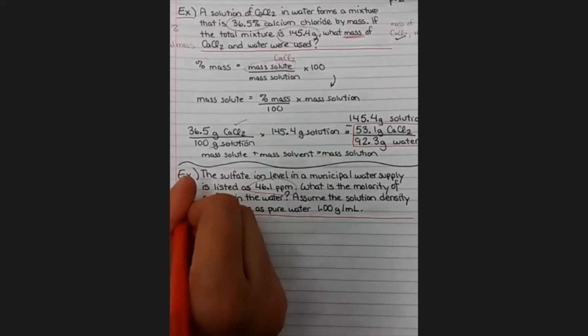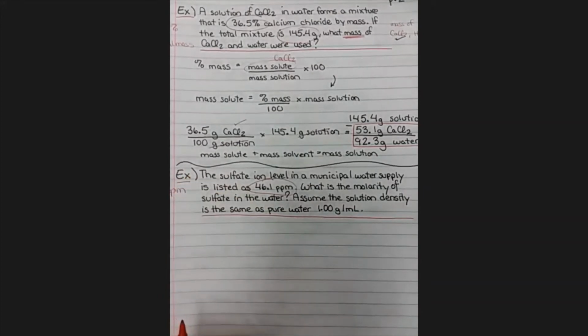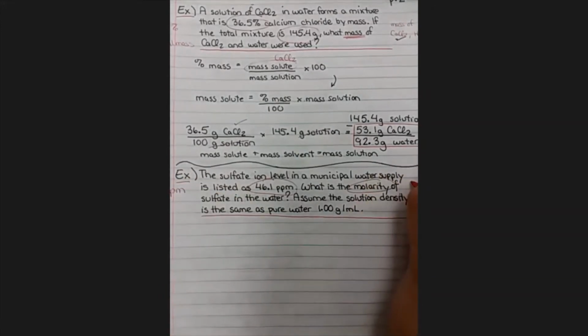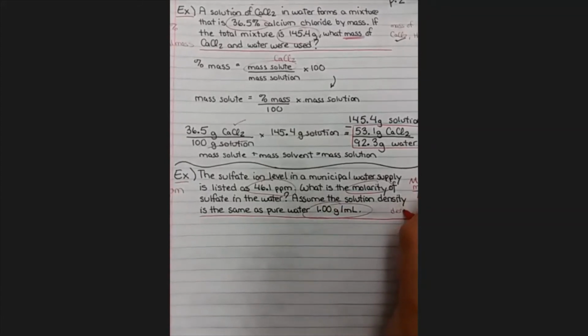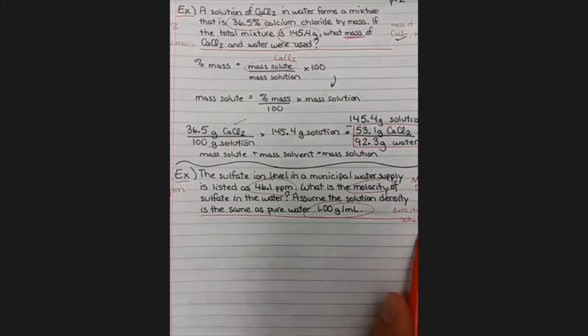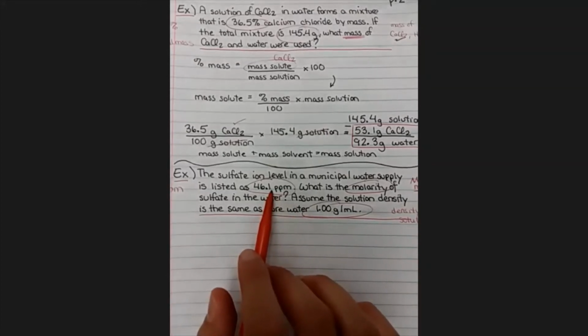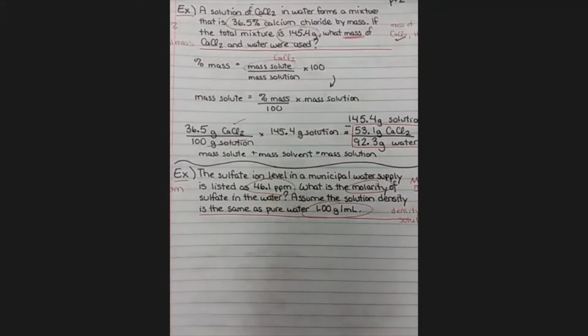So we can see our starting information. We're starting with parts per million, which is a mass measurement. We are trying to find molarity, which is measured in moles per liter. And we've also been given this number, which is the density of solution. When you're given a density, you want to be careful to check what the density belongs to, whether it's the density of the entire solution, the density of just the solvent, the density of just the solute.